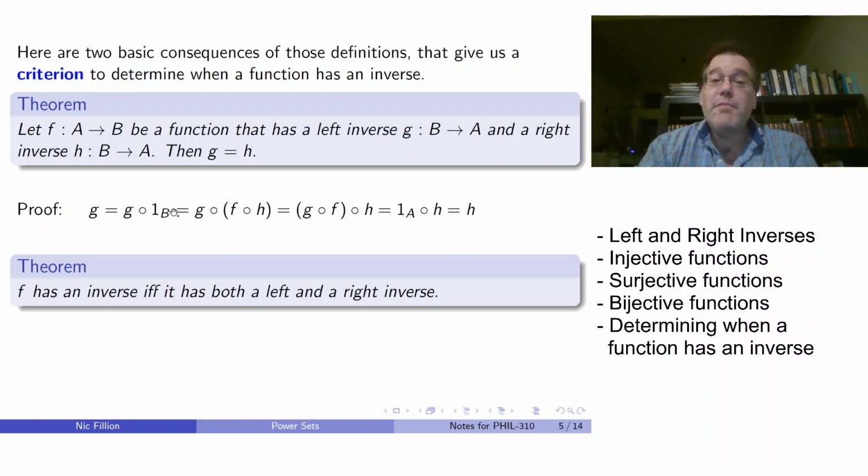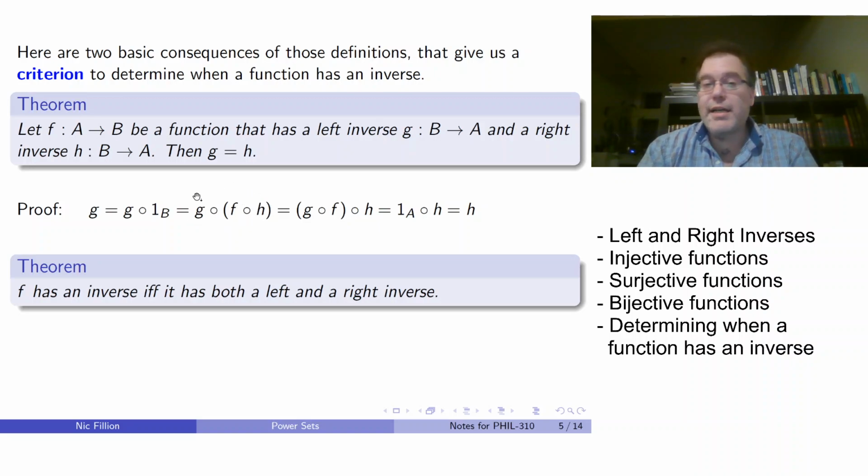Now, since H is a right inverse of F, F after H is going to be the same as IB, right? So G composite IB is identical to G after F after H.